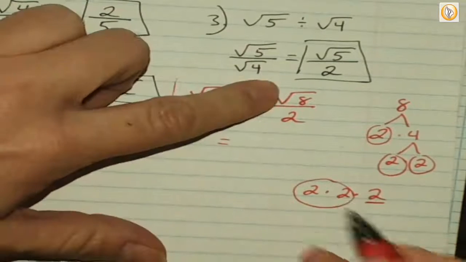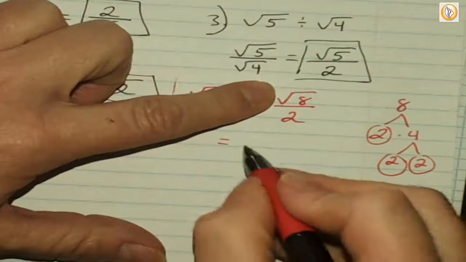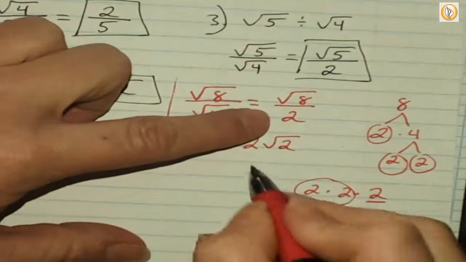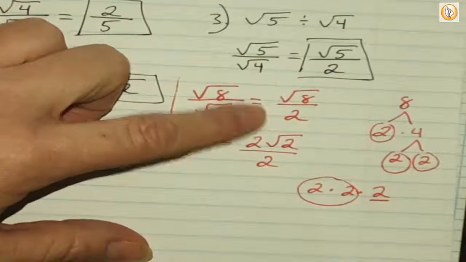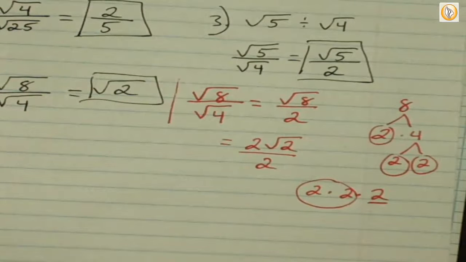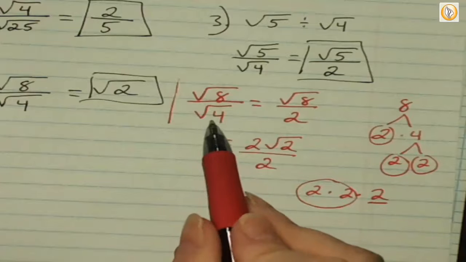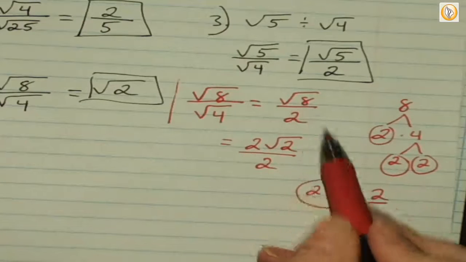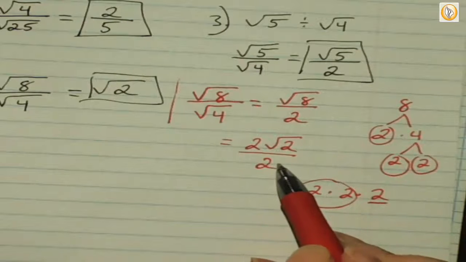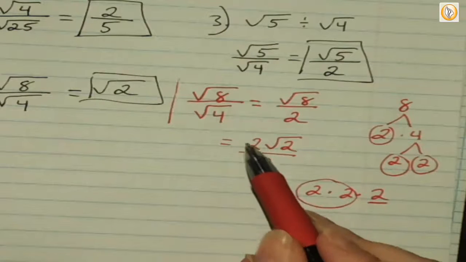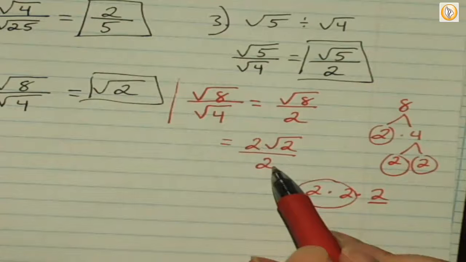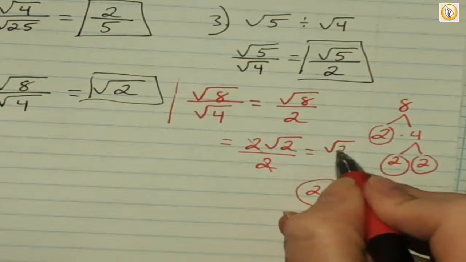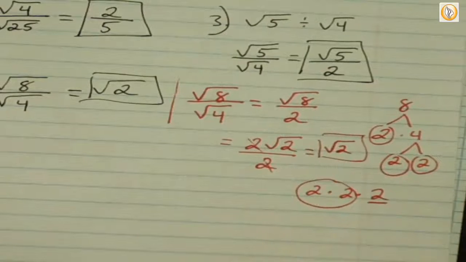Now the square root of 8 has become 2 times the square root of 2, over 2. Do you see that? She took the perfect square, took it out, factored the 8, and we get this over 2. Cecilia, can we do 2 divided by 2? So those cross out, and we're left with the square root of 2.